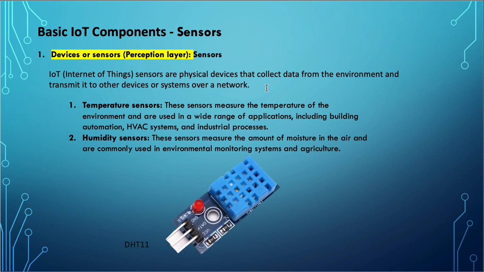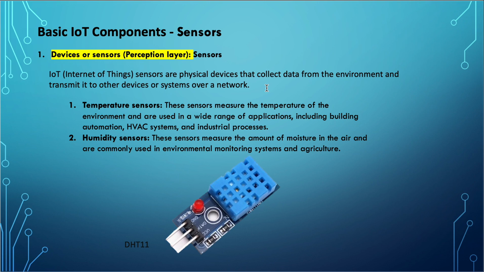Then we have the humidity sensor. A humidity sensor would detect the amount of moisture in the air itself. I put those two examples together because the sensor that I have given as an example, the DHT11, is a sensor that has both these readings.